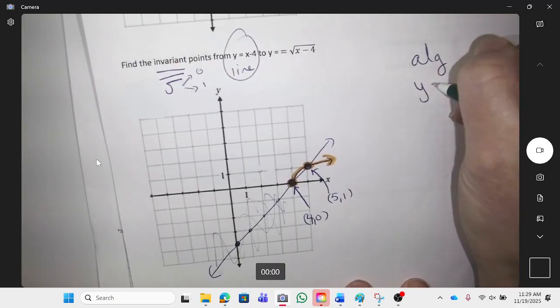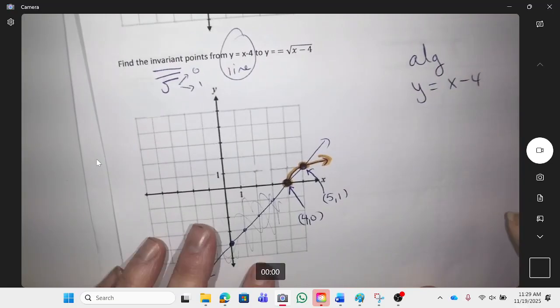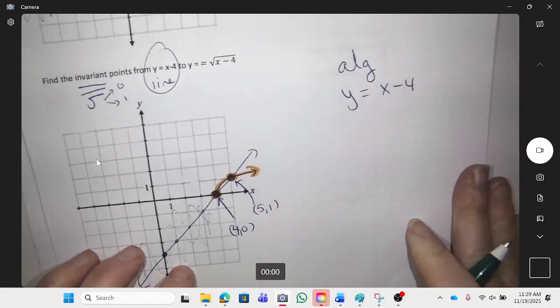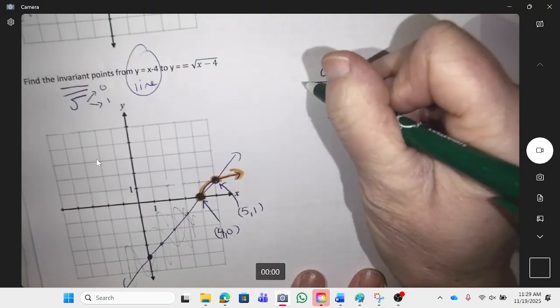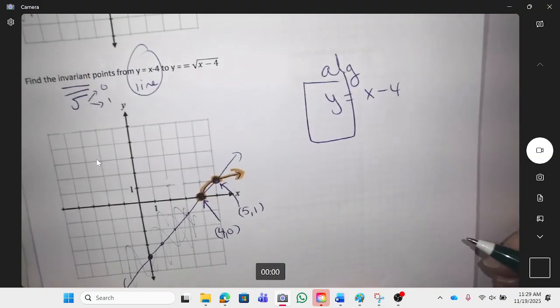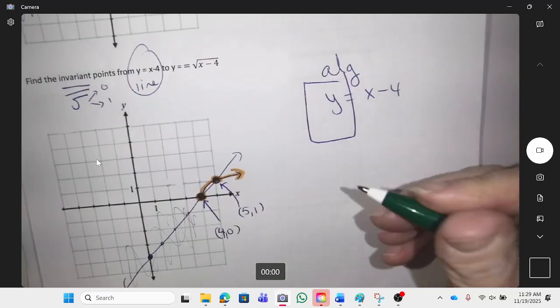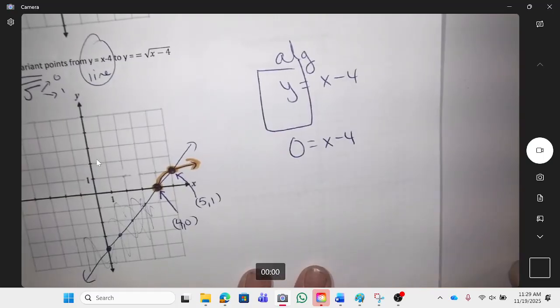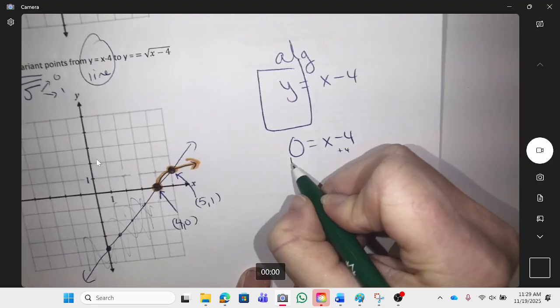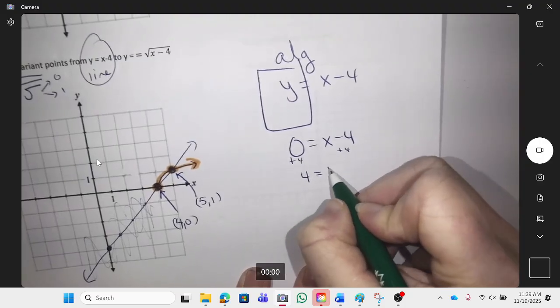Okay, algebraically, you could have just thought about what's invariant. If the height is 0, how do you solve for it? Add 4.